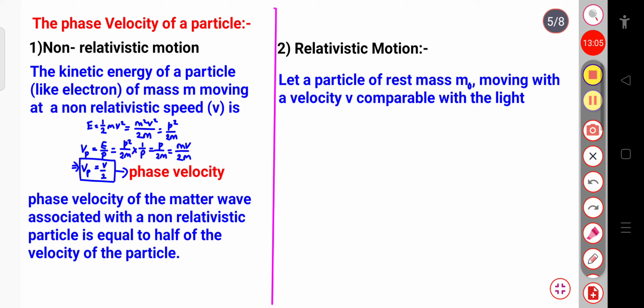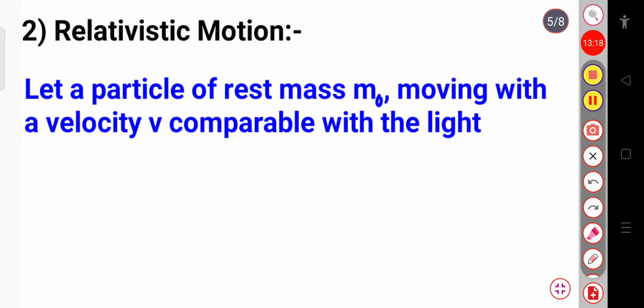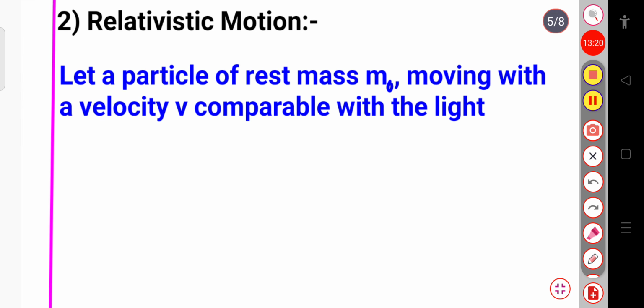Now for the relativistic motion, suppose we consider a particle having the rest mass m0. It is moving with a velocity v that is comparable with the velocity of light, or we can write it as v is nearly equal to c.